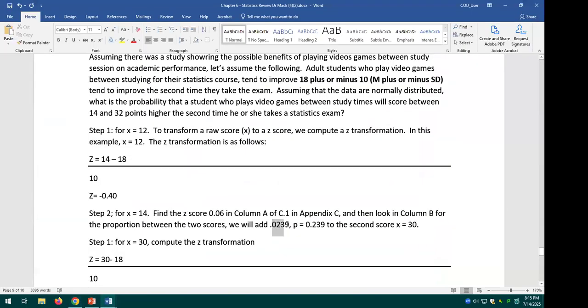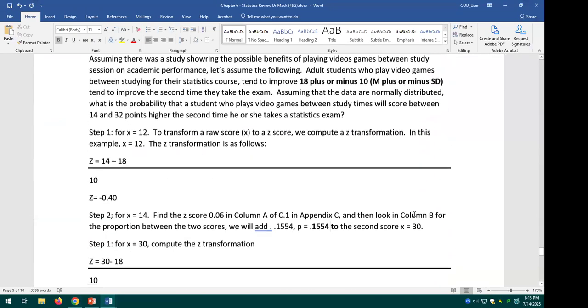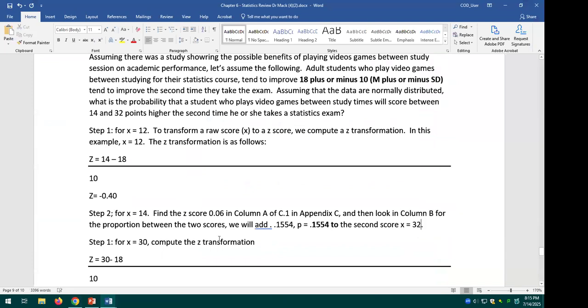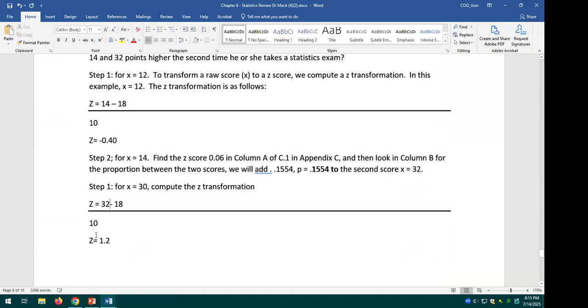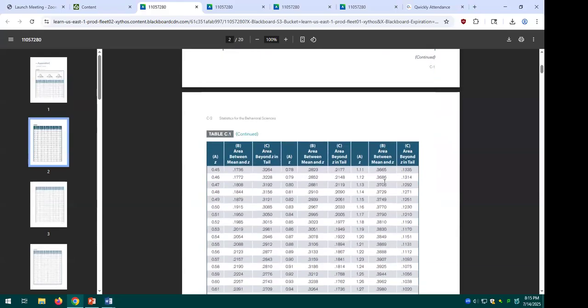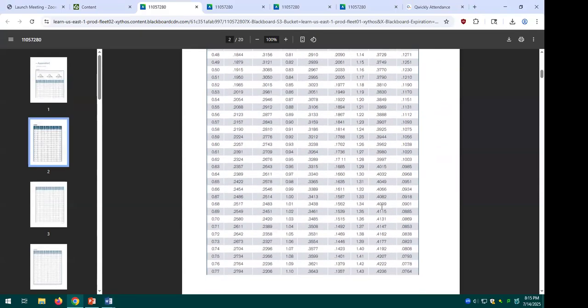So we're going to add this to the second score of 32. X is 32. So same thing, 32 minus 18 divided by 10, 1.4. So we have a new z-score, 1.4. We cross-reference that. 0.4192.